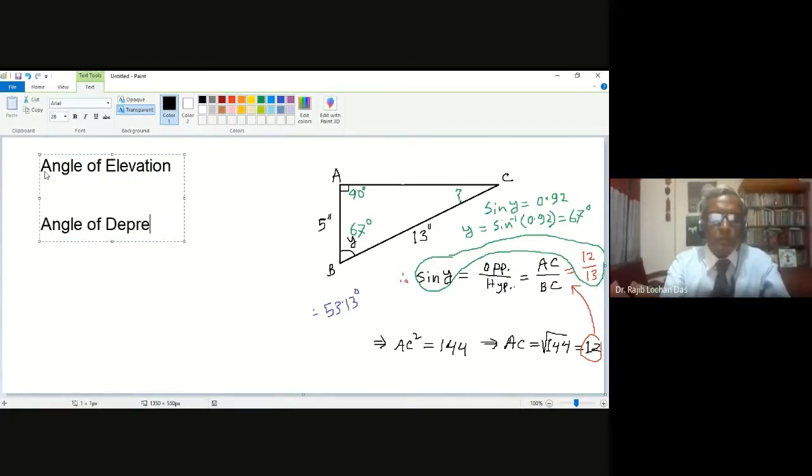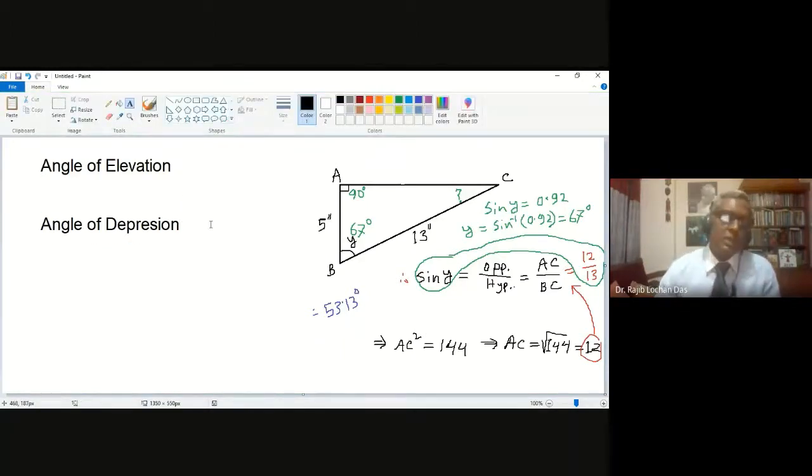Angle of elevation, angle of depression. Is this correct spelling? Maybe double S or small s. Okay, no problem. So what is angle of depression, angle of elevation?